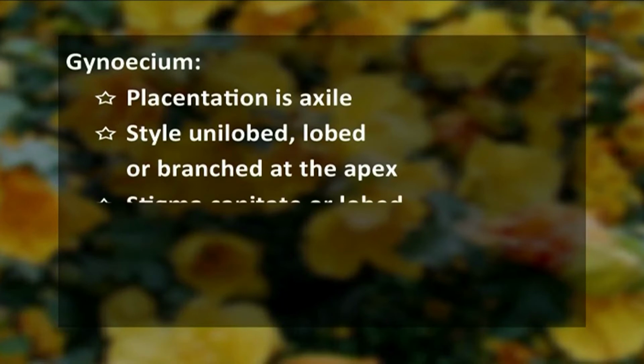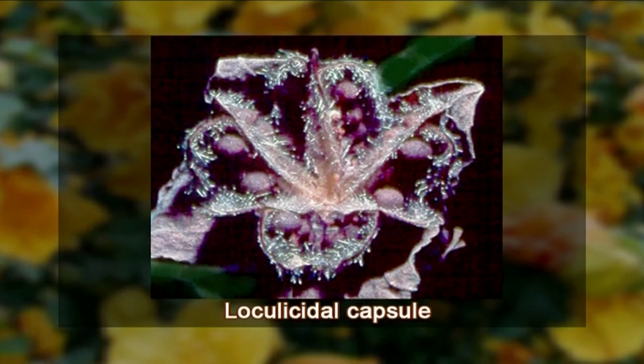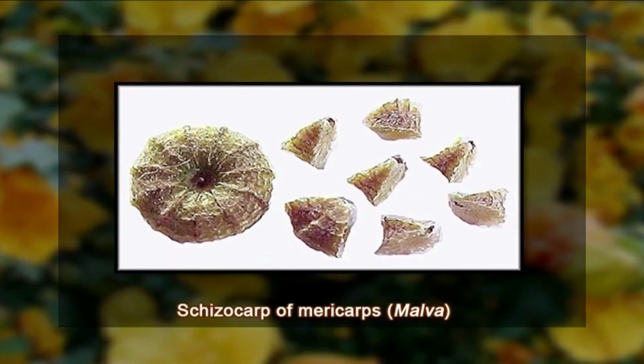The stigma is capitate in shape, or sometimes it can be lobed. Now the fruit. Fruit in the case of Malvaceae can be a loculicidal capsule. That's the common type of fruit in Malvaceae, or it can be a schizocarp of mericarps.